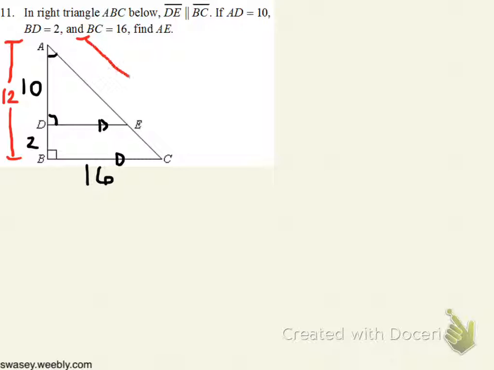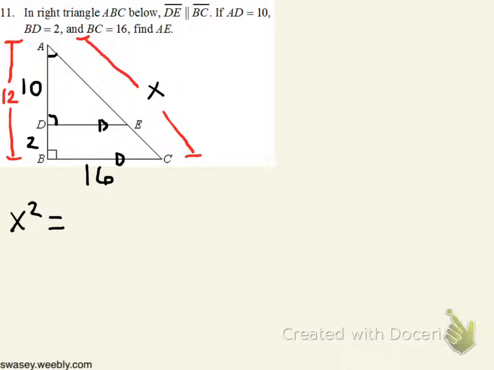So I'm going to find this value. Pythagorean Theorem, the one we're looking for right now, which I'll call x, is the hypotenuse. So x squared equals 12 squared plus 16 squared.